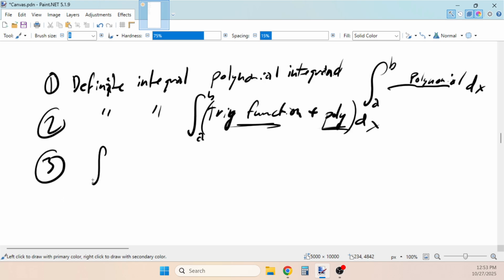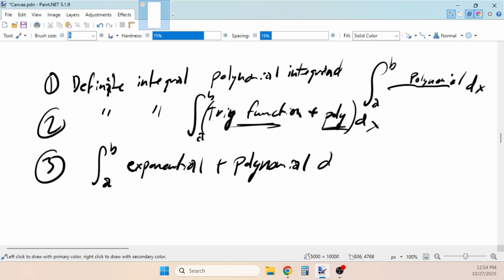Question 3: we have a definite integral, where we have a value. Question 4.